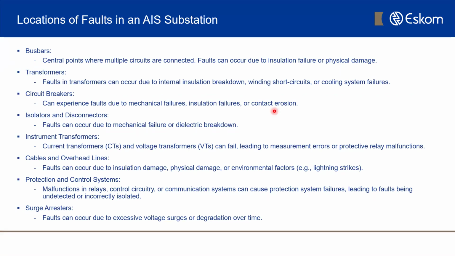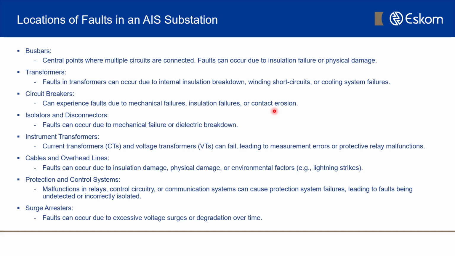There are transformer faults located at the transformer, at the circuit breaker, maybe at the isolators and disconnectors. You can get faults from the instrument transformers. Some cables and overhead lines could have faults. And obviously, if the protection or control system malfunctions, you get some faults in that area. And lastly, at the surge arrestor.